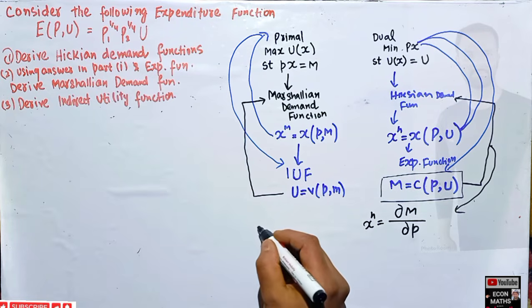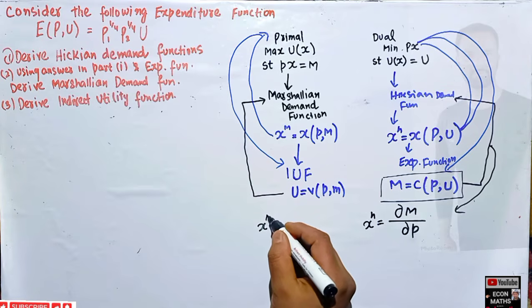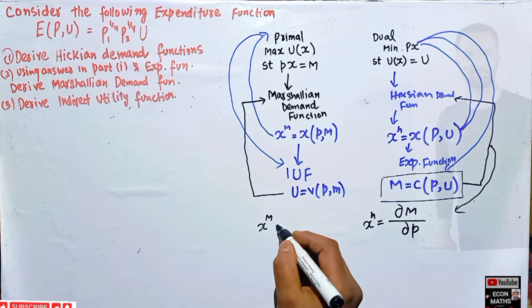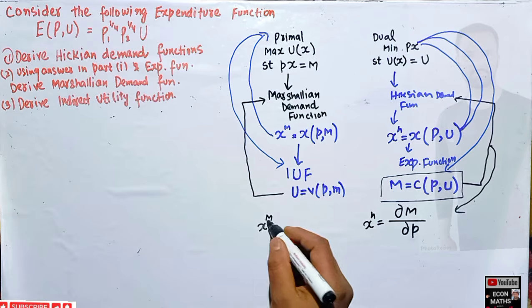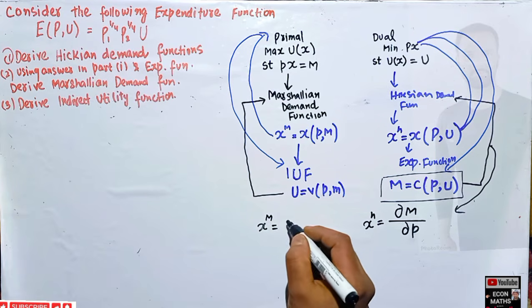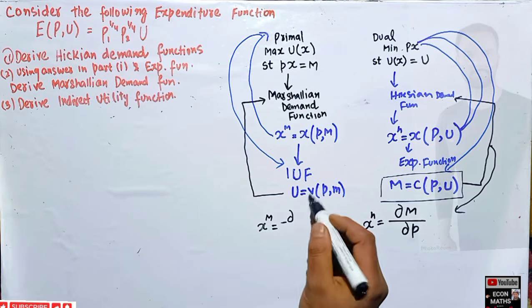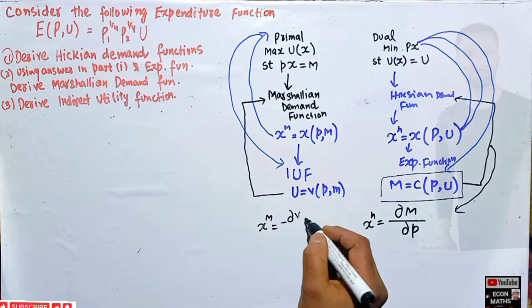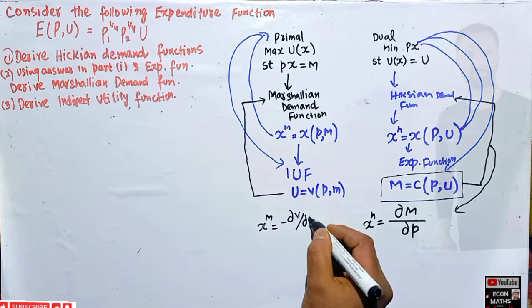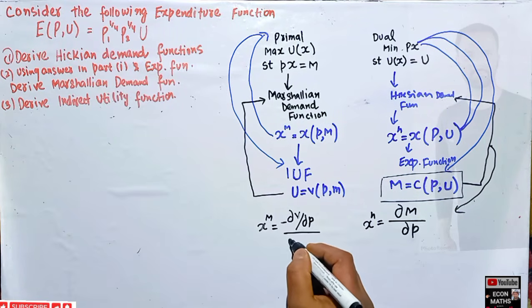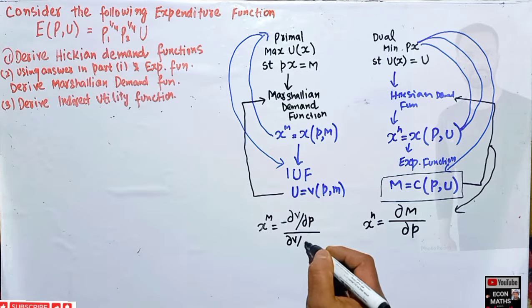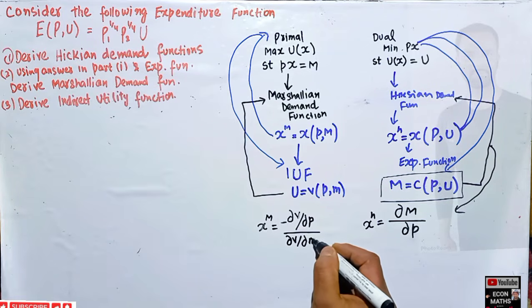That means x superscript m, the Marshallian demand function, will be equal to minus dV/dp divided by dV/dm. I hope I am making myself clear here.